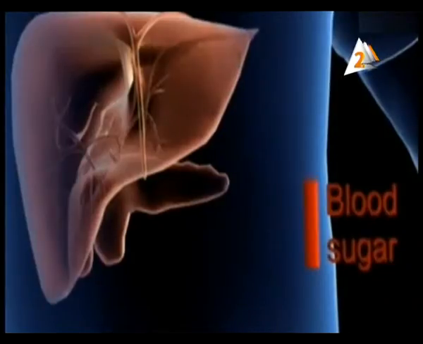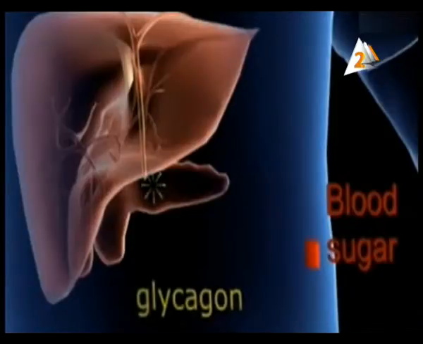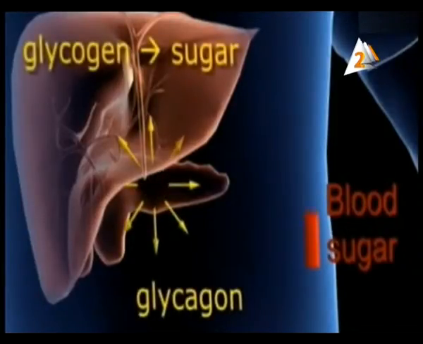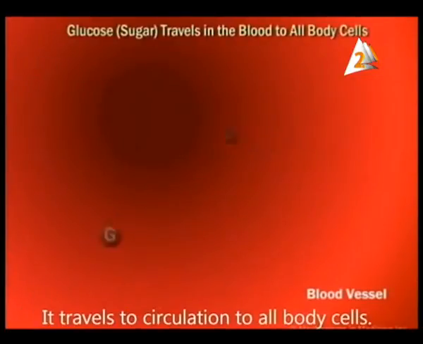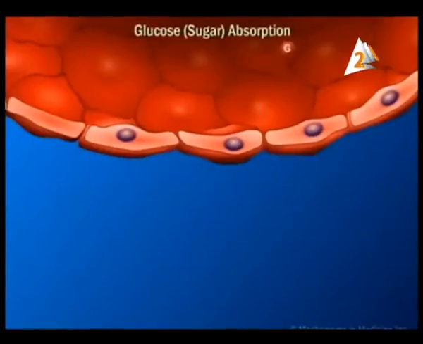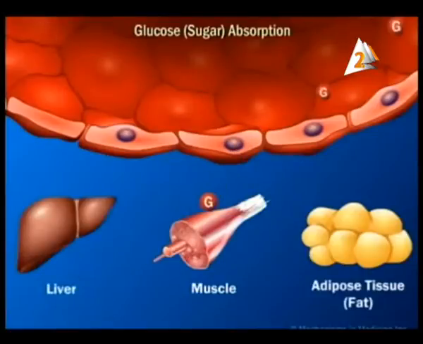And also, it secretes hormones directly into the blood from a group of cells called islets of Langerhans, which contain two types of cells: alpha cells, small in number, which secrete a hormone called glucagon.